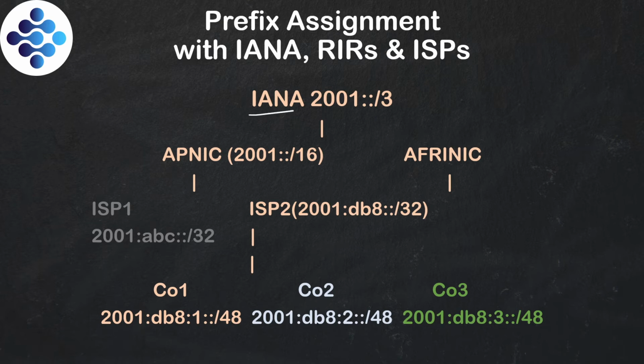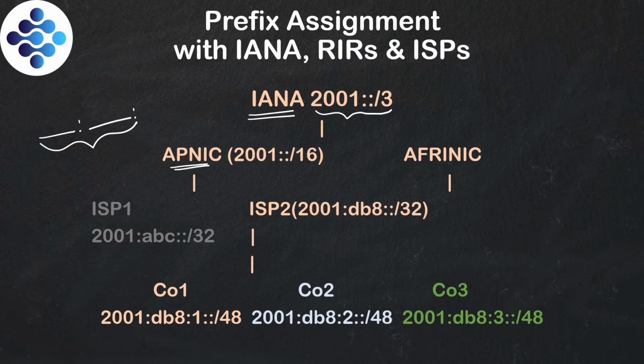Let's say IANA has got 2001::/3. Now it gives to APNIC 2001::/16, right? /16 means it is the group 1 and group 2. So they both are given to APNIC.